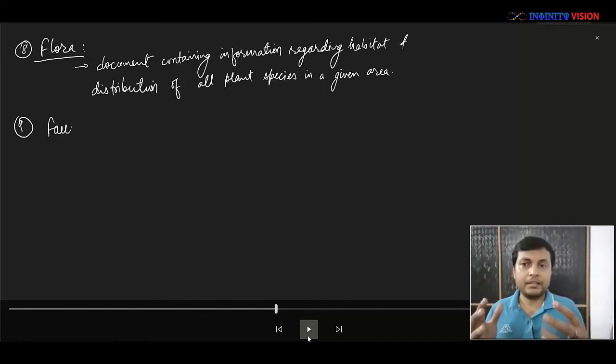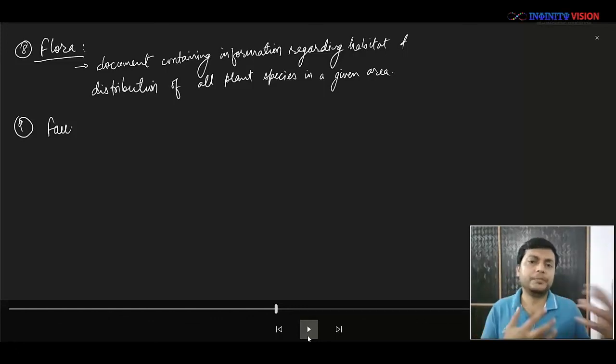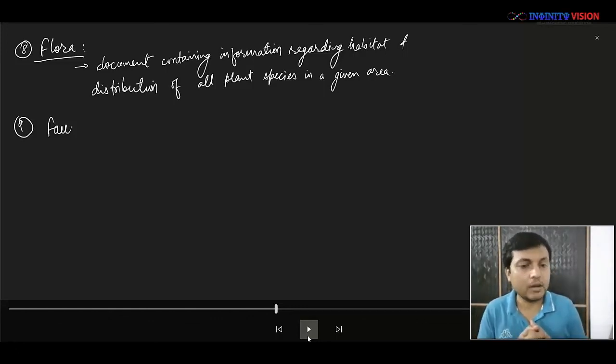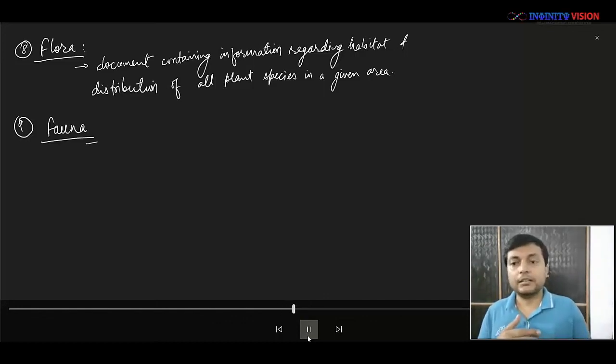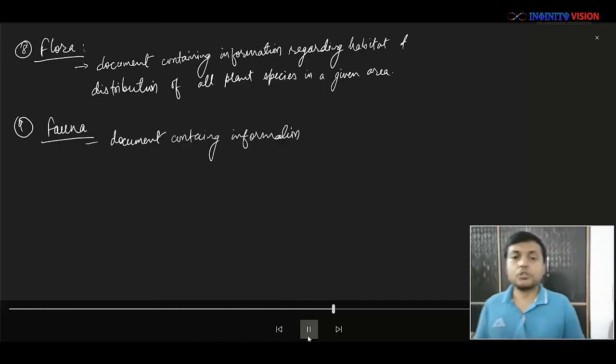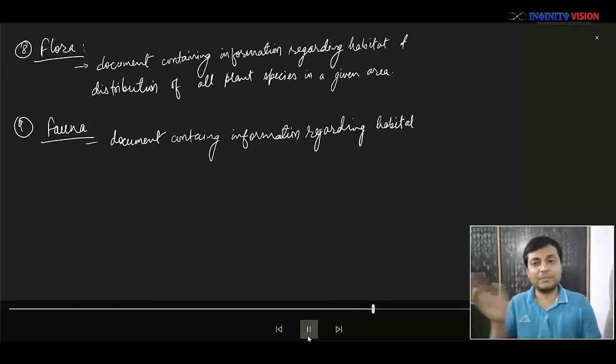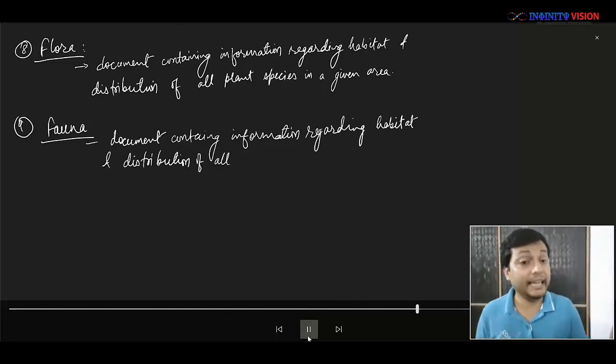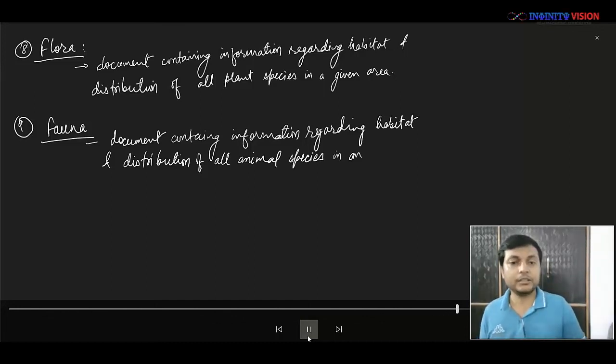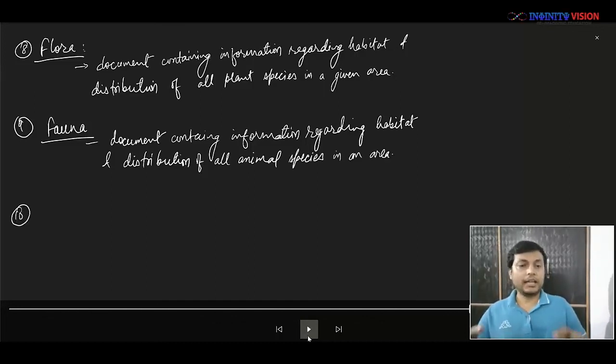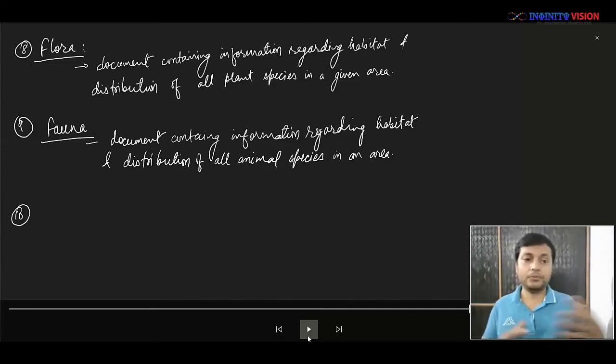So you can say it is a list of all the plant species found in that area. That is flora. Similarly, there is another document which is called fauna. Now, fauna is a document containing information regarding habitat and distribution of all animal species in an area. So flora and fauna are two documents. Flora is about plant species, and fauna about animal species. How you're going to remember? Flora, flower, so plant. Fauna, animals.